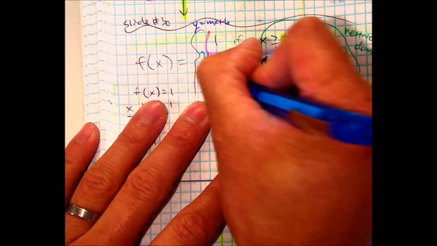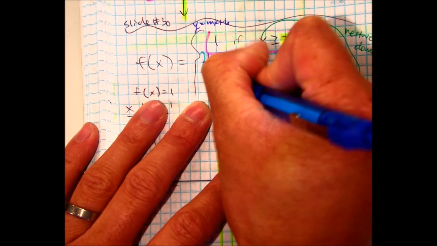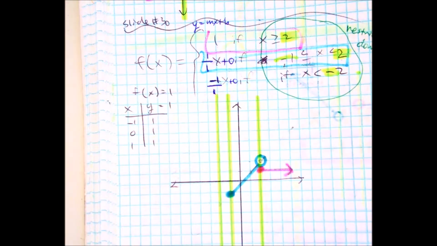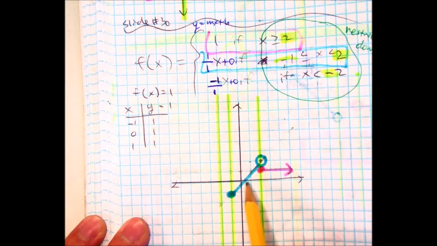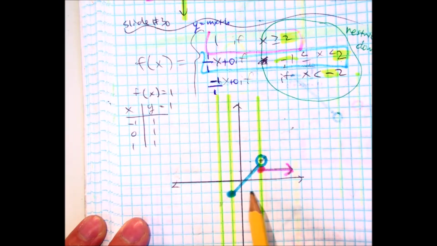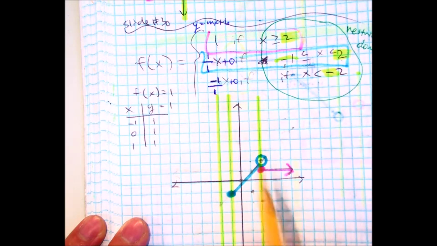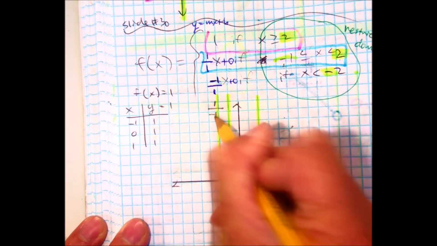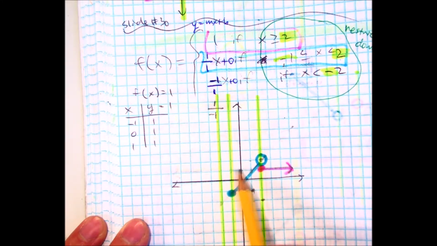And let's do the last one. This one says -x. So you can do -1 over 1 as your slope, and you're still starting at the origin. So start at the origin. Rise of -1, so down 1, right 1. Down 1, right 1. You can also do the reverse, right? You can do 1 over -1. So that would be up 1, left 1. Up 1, left 1.